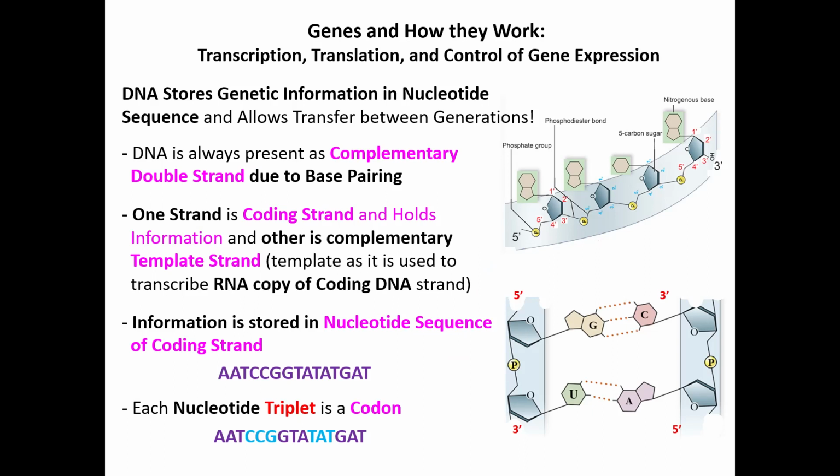So now let's have a closer look at how genetic information is encoded in the DNA. And the key here is that information is written into the blueprint of a gene in the form of the nucleotide sequence. So in other words, what contains information is the sequence of different nucleotides in the DNA strand.